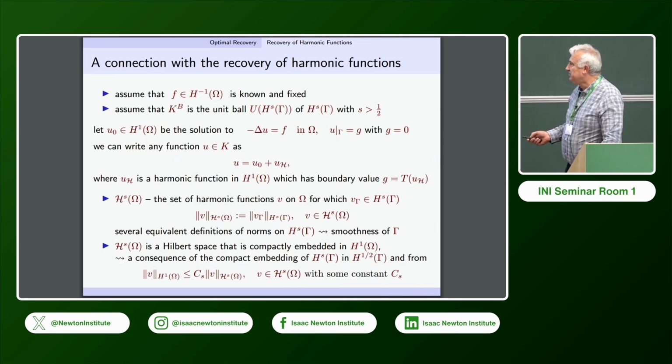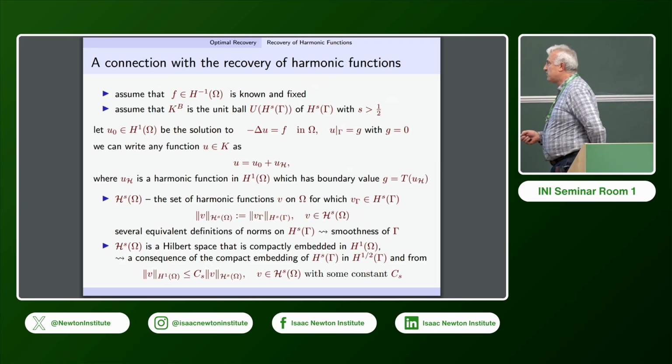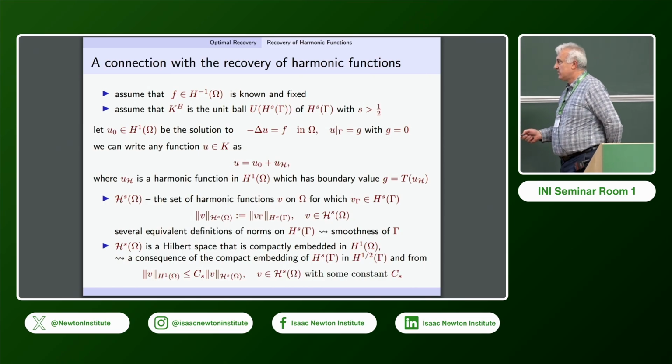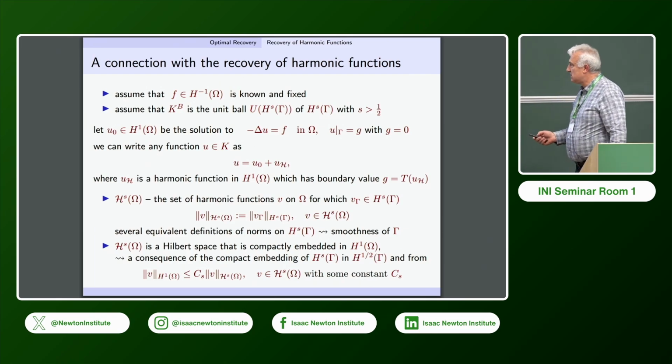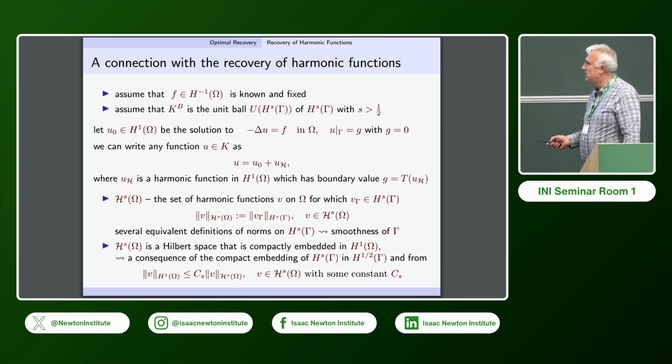So what we do, first of all, we have a problem because there are several equivalent definitions of the HS norm on the gamma. We can use the trace norm, we can use the direct definition of the norm, and it depends on the boundary whether they are all equivalent or not. I'll consider that on the next slide.